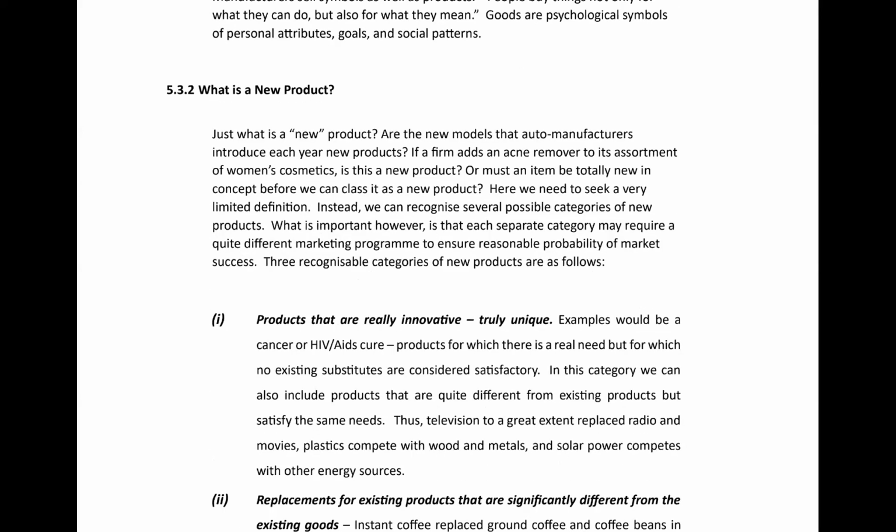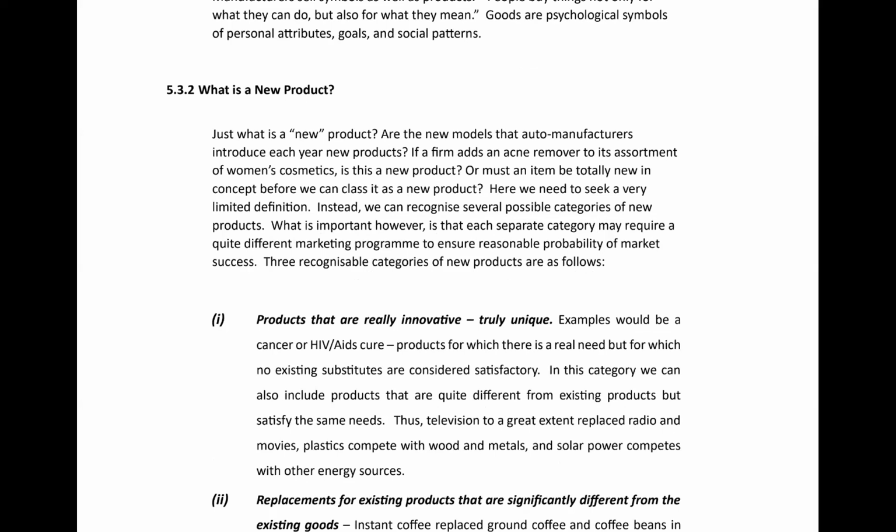Now, what is a new product? Are the new models that auto manufacturers introduce each year new products?